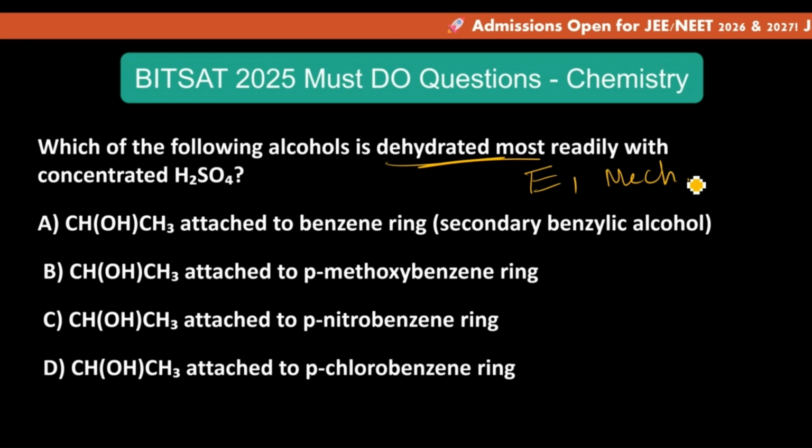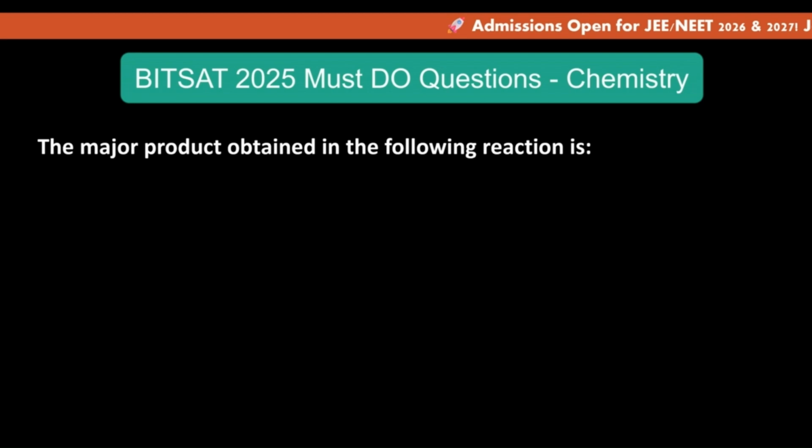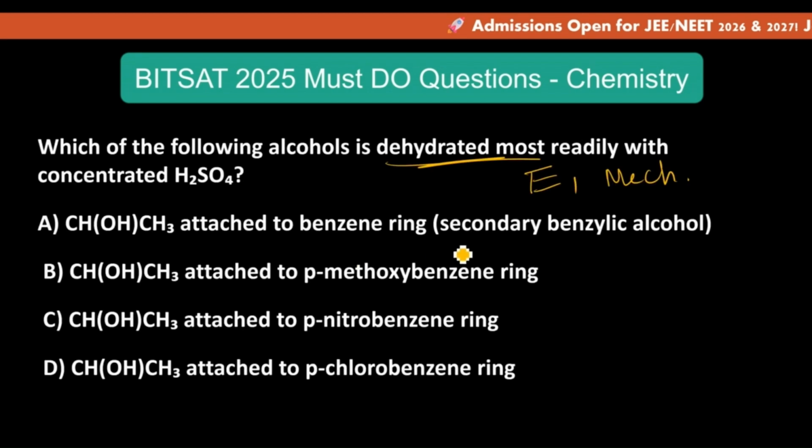So let's analyze the carbocation stability. The first one is attached to the benzene ring. So a benzylic carbocation will be formed, OH will be gone, so remaining CH3.